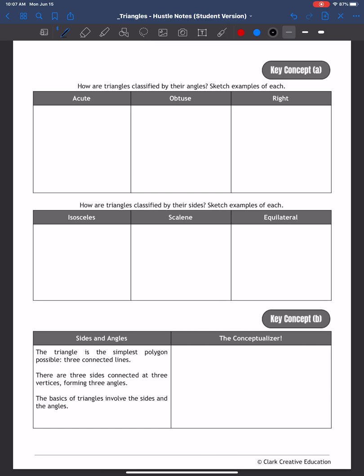So if we were to sketch how triangles are classified by their angles, simply you can draw an acute angle. Those are both acute angles. An obtuse angle, like so. And then a right angle.